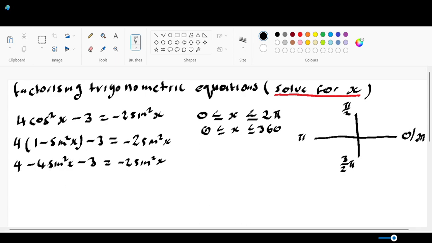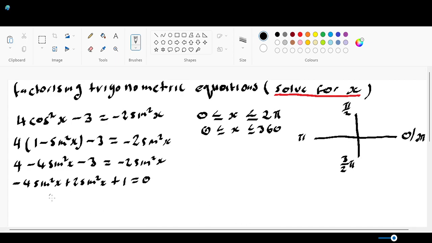If we transpose this 2 sine squared x on our right hand side to the left hand side, we're going to have negative 4 sine squared x plus 2 sine squared x, and then look at the numbers. We have 4 minus 3, so that is going to give us plus 1. I forgot to write 1, guys. Plus 1, and this is equal to 0.